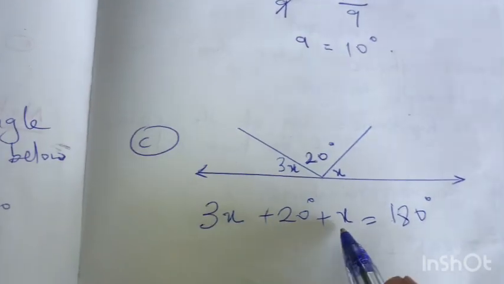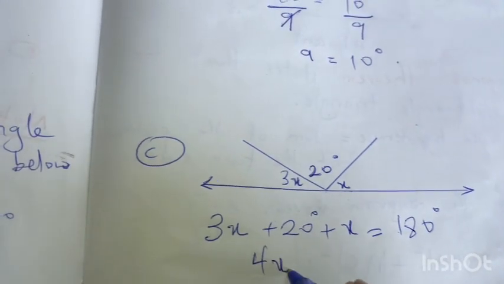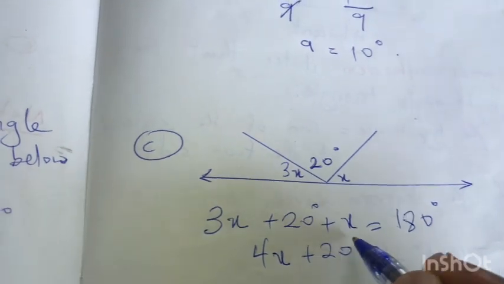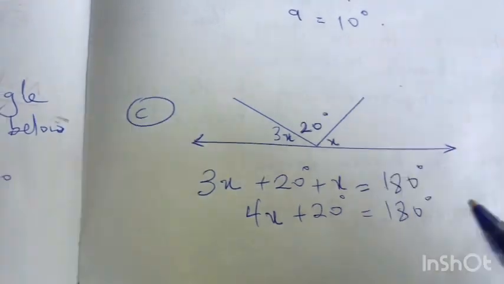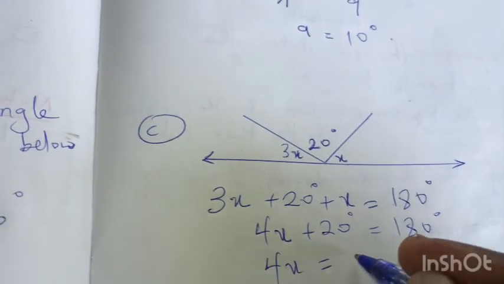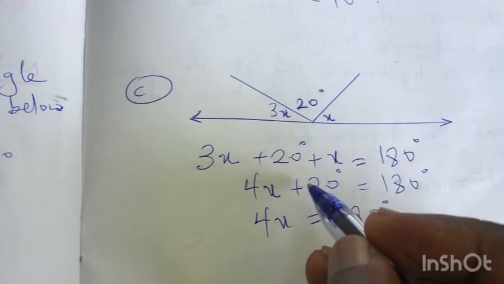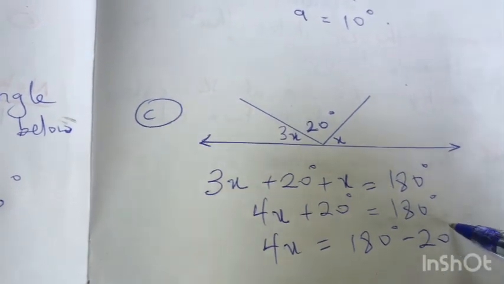Let's add 3x and x. We'll get 4x plus 20 degrees equal to 180 degrees. Let's group like terms. So we have 4x equal to 180 degrees, and when 20 crosses it becomes minus 20 degrees.